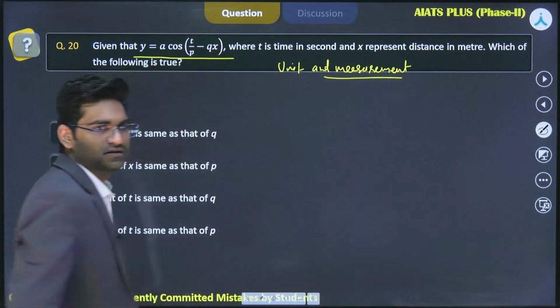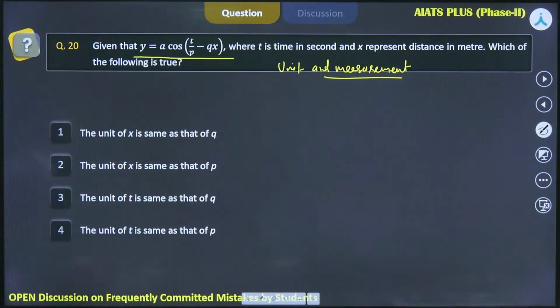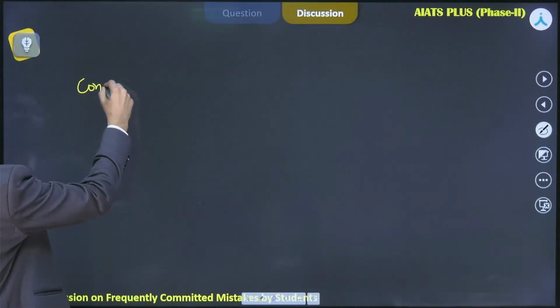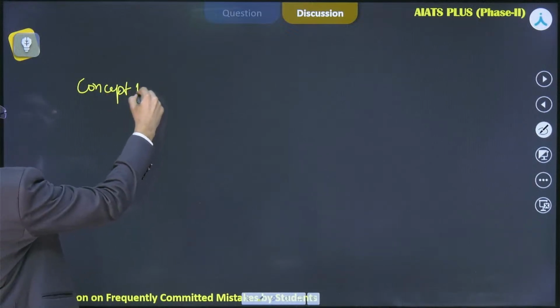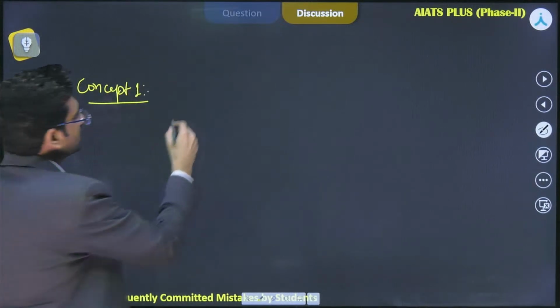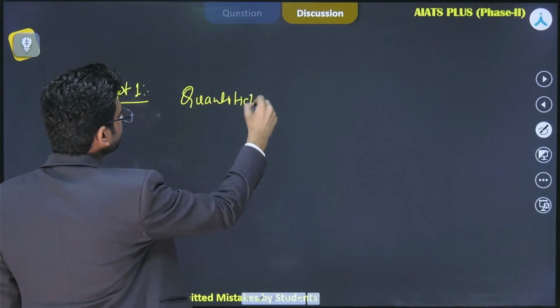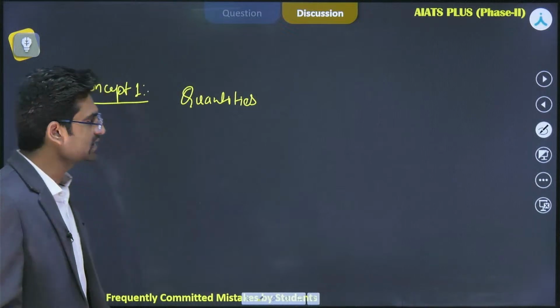And there are actually two types of concepts involved here. What are these concepts? So the first concept is concept number 1, quantities. And what type of quantities are we talking about? Physical quantities, because we are dealing in physics, right?